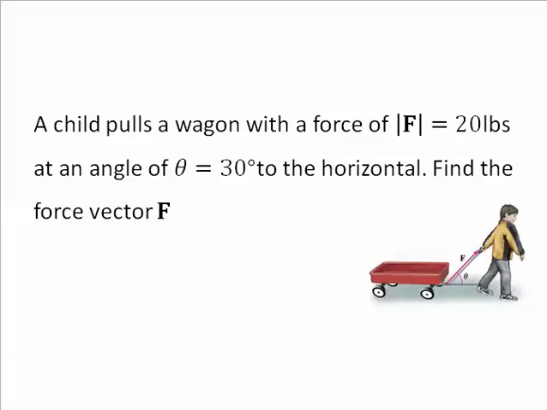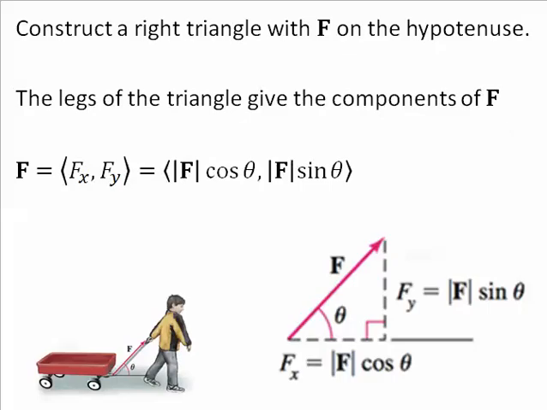A child pulls a wagon with a force of 20 pounds at an angle of 30 degrees to the horizontal. Find the force vector F. The horizontal component of F is just the magnitude of F times the cosine of the angle.